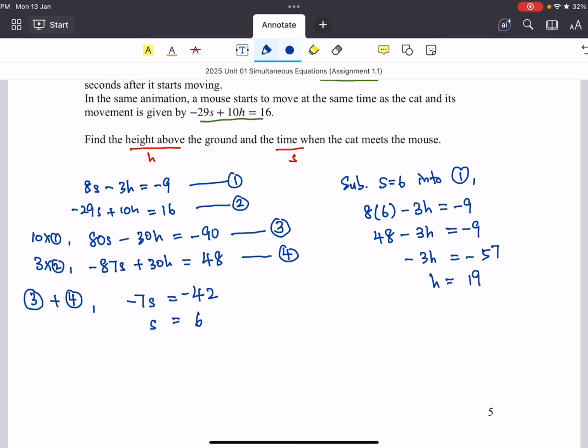So that's our value. But of course, the question did not actually ask us to find h and s. They asked us to find the height and the time.